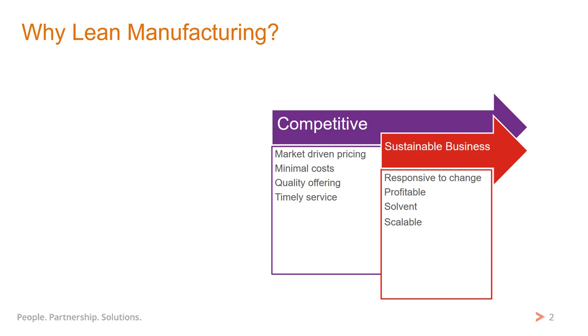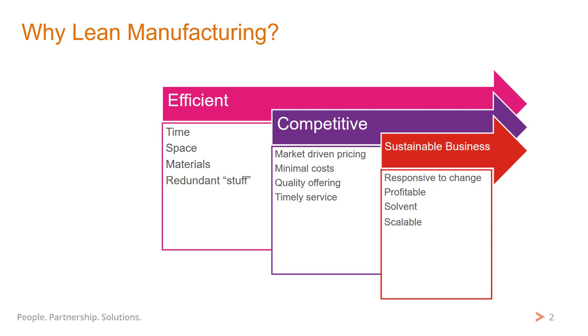It needs to be able to minimize costs, produce an offering which is of the highest quality, and service which is timely for consumers. To facilitate that competitiveness, the organisation must be efficient in terms of time, in terms of space, in terms of materials, and avoiding redundant stuff.